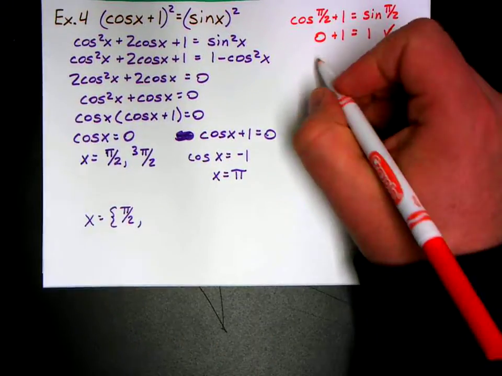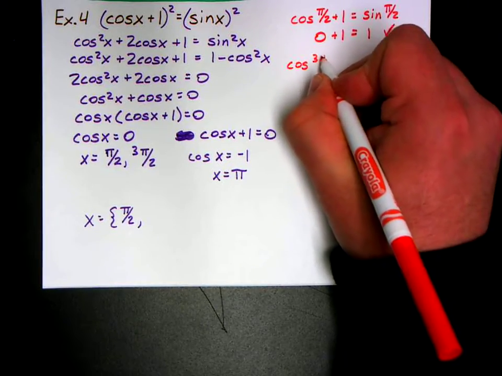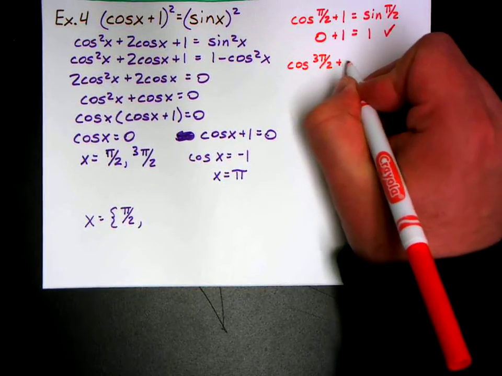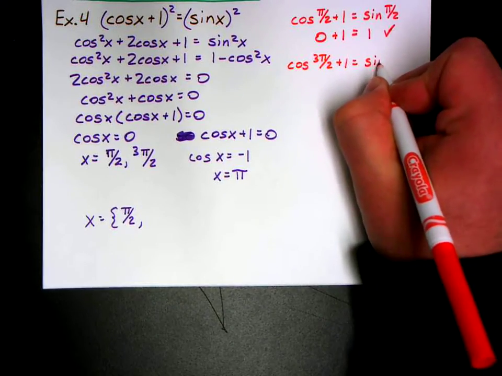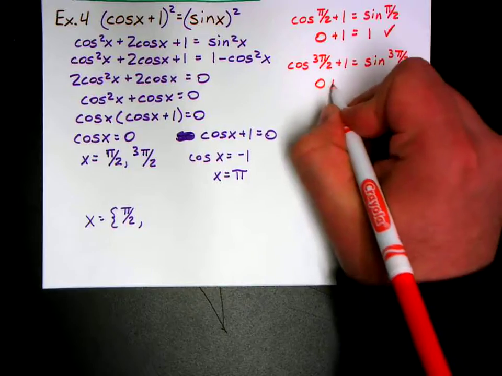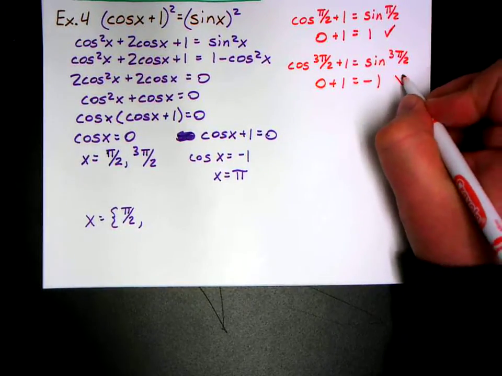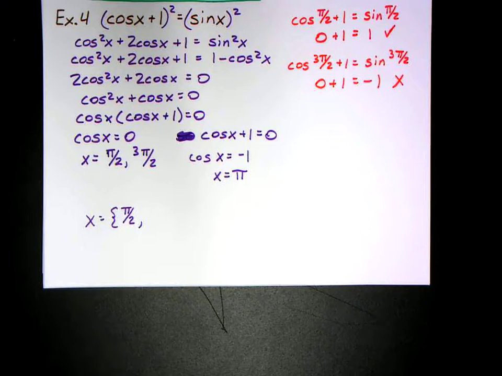Okay, so let's try 3 pi over 2. Okay, that's 0 plus 1 equals negative 1. That one does not check, so that is not a solution.